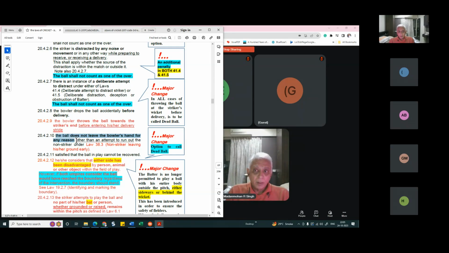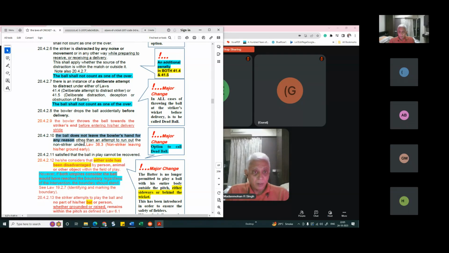But if it is in an attempt to run out the non-striker, you are prohibited from calling dead ball if the ball has been retained for the purpose of running out the non-striker, because the non-striker who has left the crease is liable to be run out. So you should not stop the bowler by calling dead ball. In that case you are prohibited from calling dead ball and must allow the run out to occur.